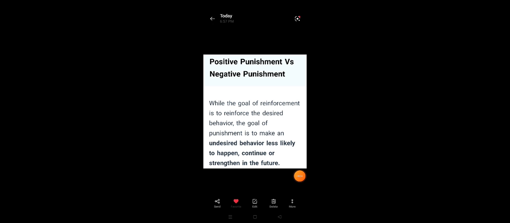So, positive punishment versus negative punishment. The goal of the reinforcement is to reinforce or increase the desired behavior, so reinforce here means increase. The goal of the punishment is to make the undesired behavior less likely to happen, continue, or strengthen in the future.